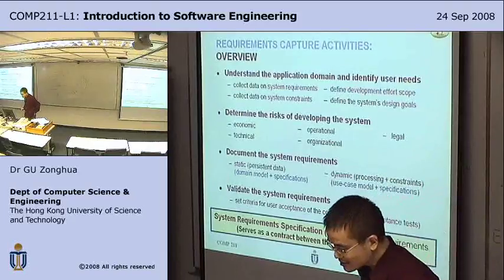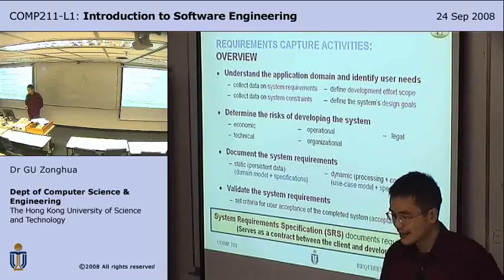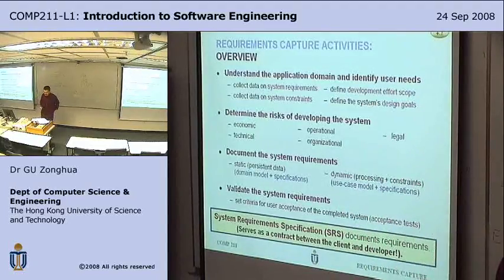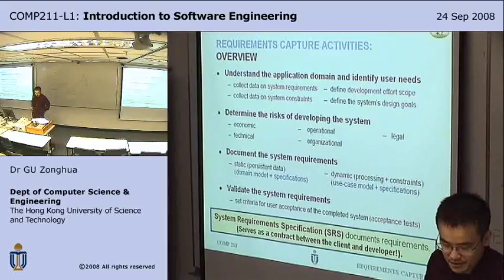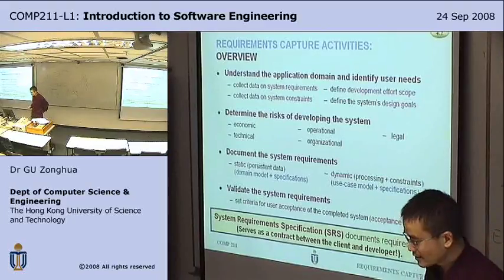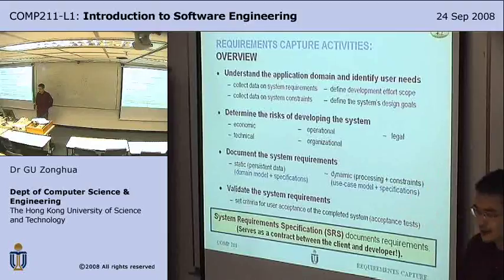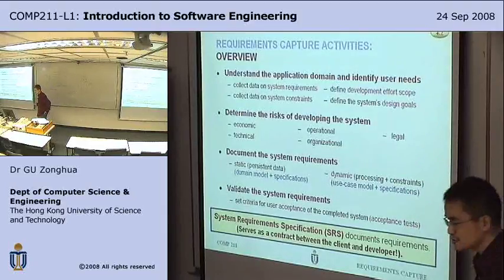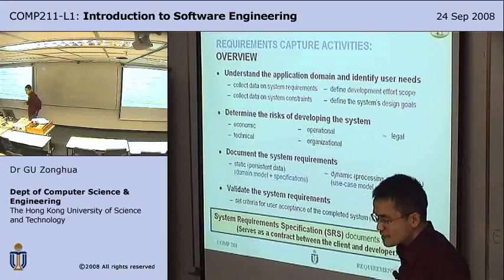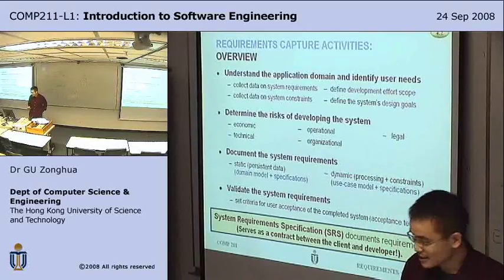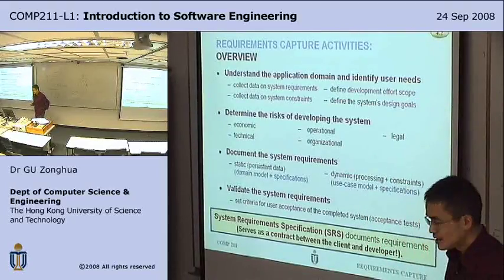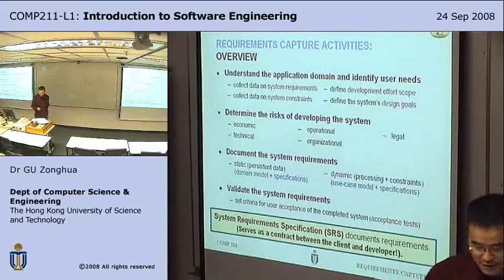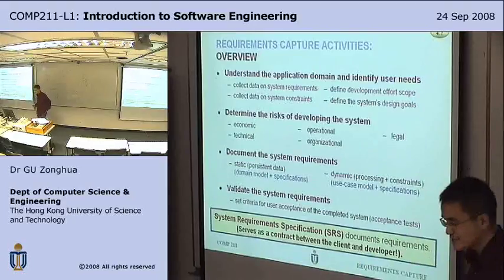So for requirements, one step is to understand the application domain and identify user needs. That is the first step. Every software project is different, and one software company may be developing software for many different application domains. So for each project, you need to learn the domain, collect data on the system requirements, and collect data on system constraints in terms of budget and cost.